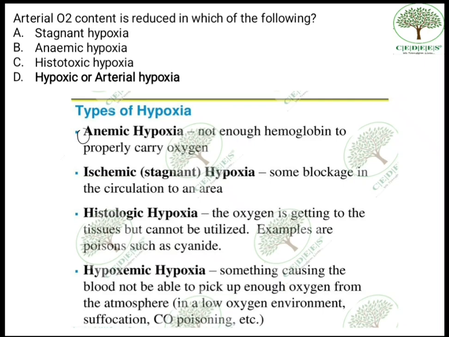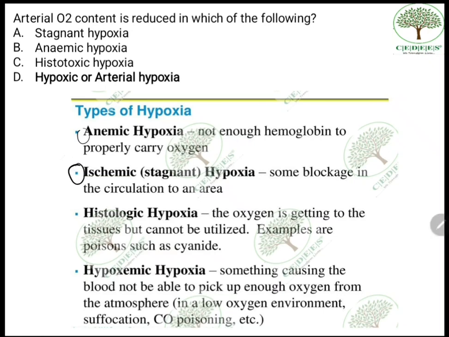So what happens in anemic hypoxia is that due to the reduction in the hemoglobin levels, due to a number of reasons, like hemorrhage, vitamin deficiencies, you all know the causes of anemia, the oxygen levels in the blood are normal, but due to reduction in hemoglobin, the oxygen carrying capacity of the blood reduces. So that is anemic hypoxia.